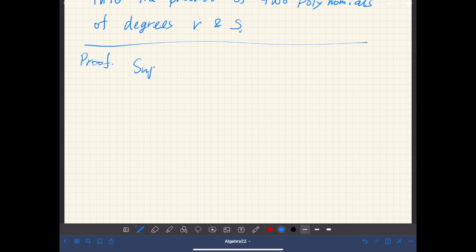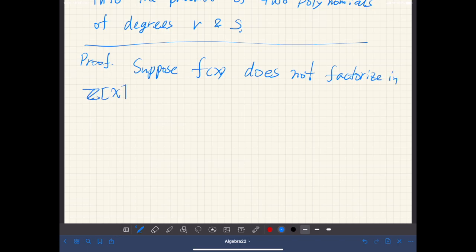So suppose f does not factorize in Z[x], but factorizes in Q[x].